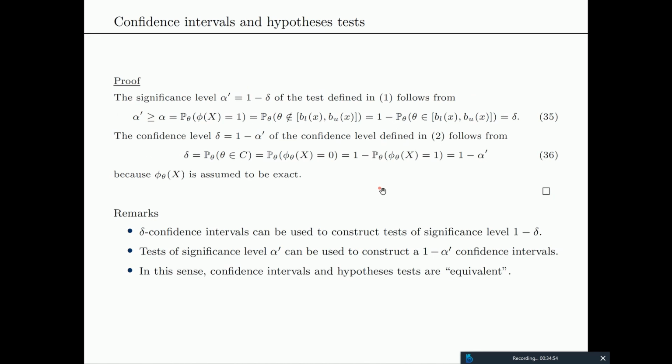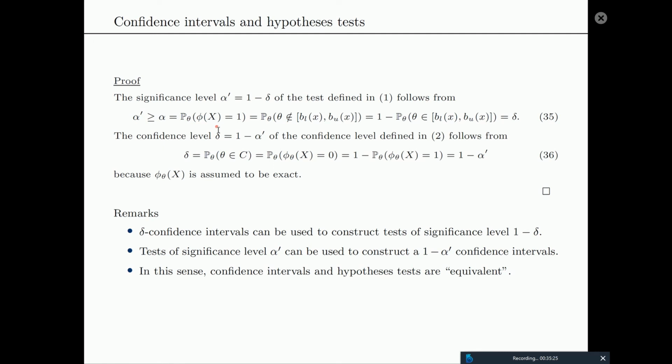This is based on this proof here. So if you go from the test, so you say we have a test of significance level alpha prime, then alpha prime is equal to or larger than the size of the test. The size of the test corresponds to the event that the test rejects the null hypothesis under theta, and this refers to our null hypothesis here.